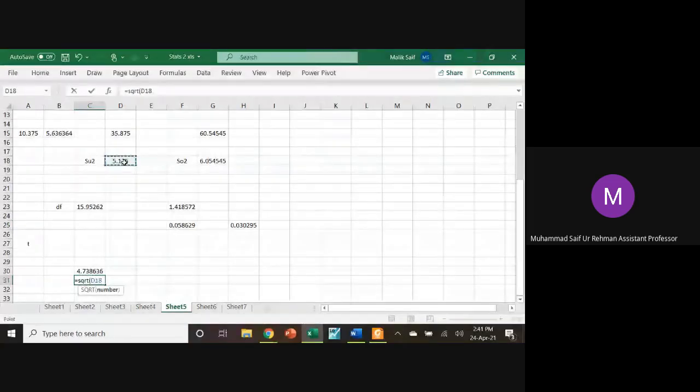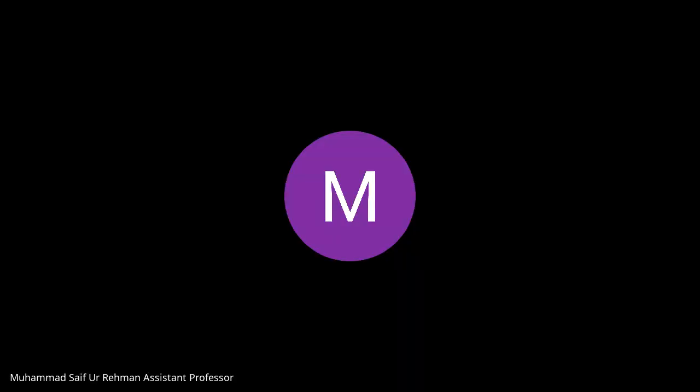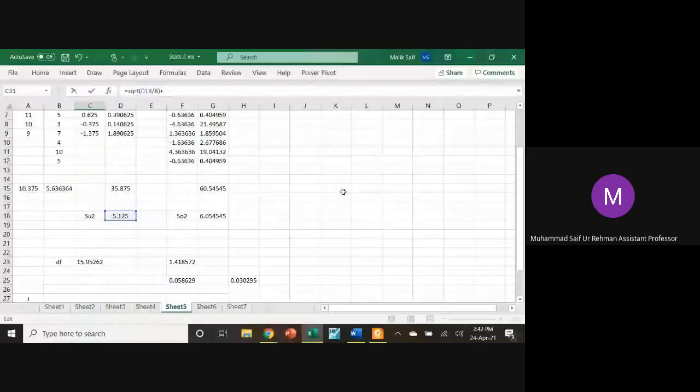Plus, again take care of braces, plus S2 square, which means this value, divided by 11. Close the braces.